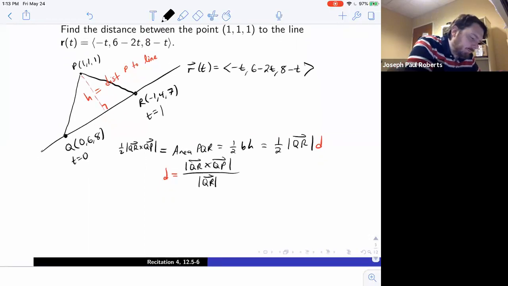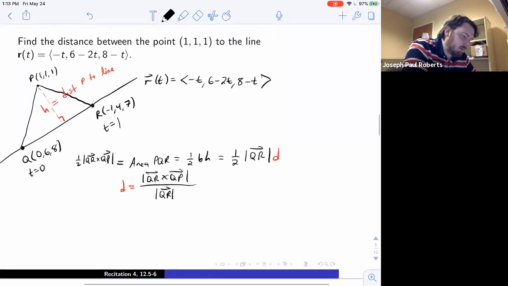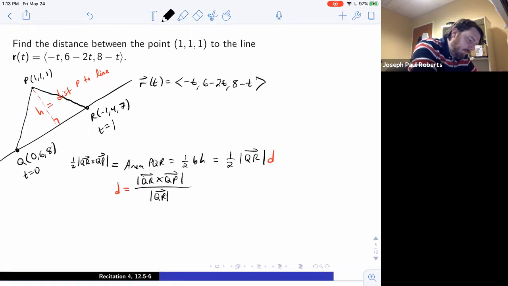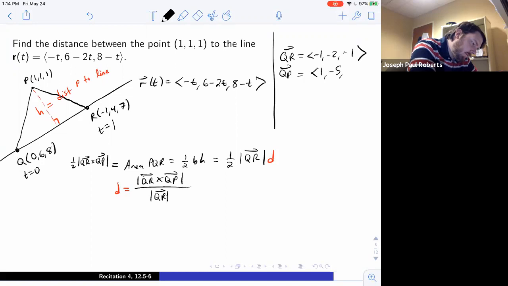And so, like I said, we put this on the homework last week, so hopefully this is a little bit familiar, but let's figure out everything. QR is what? -1, -2, -1. Yep. QP is what? 1, -5, -7.